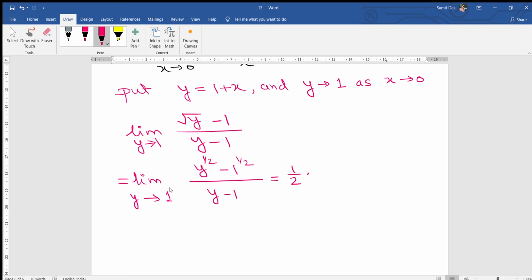What is a here? 1. 1 to the power half minus 1. It does not matter because it is 1. So the answer will be 1 by 2.